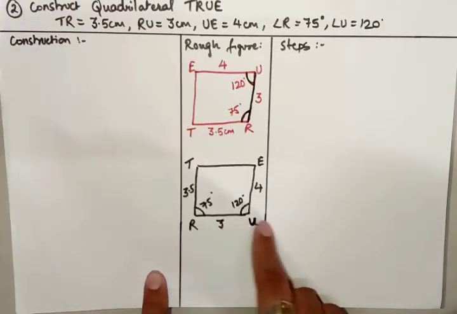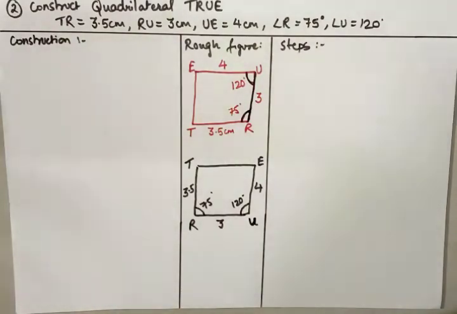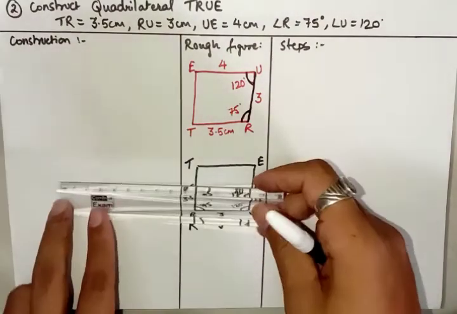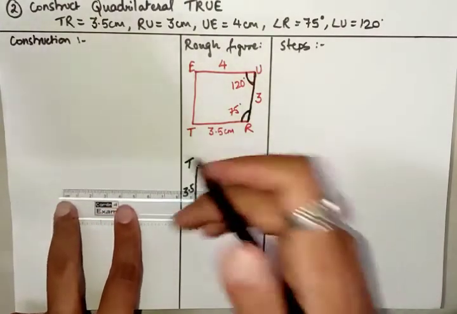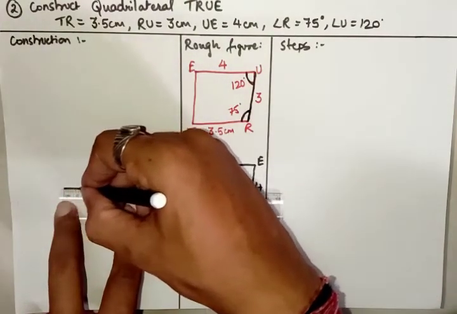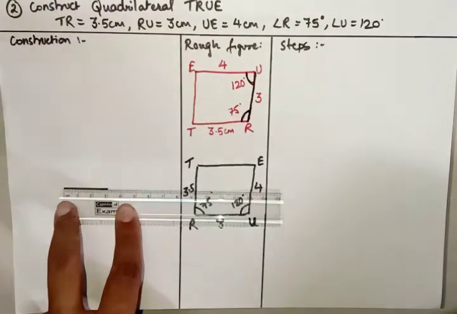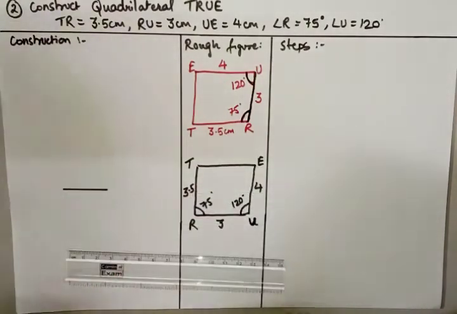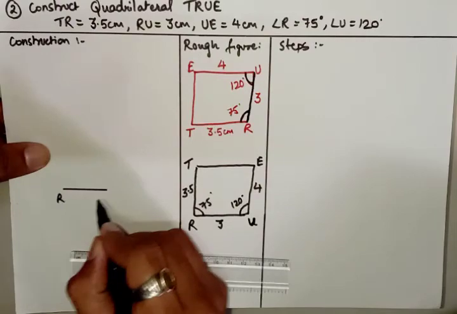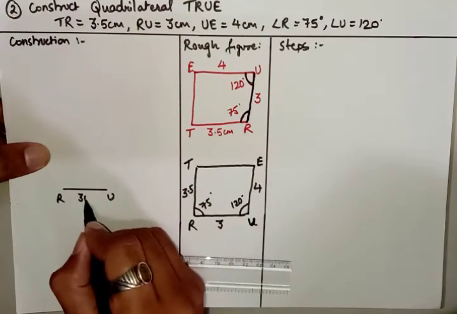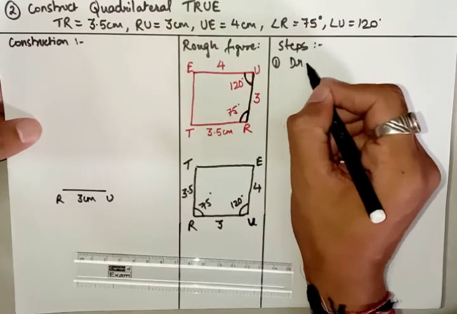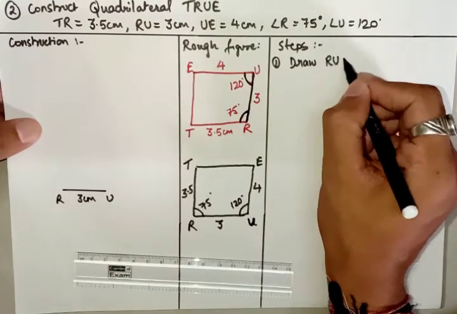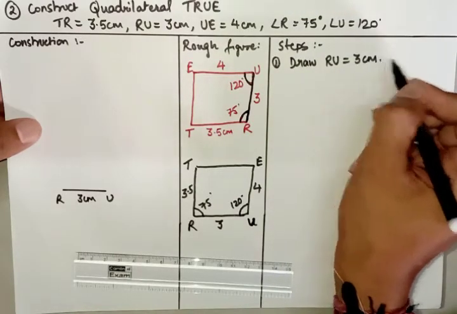First we will draw a line RU, that is of measurement 3 centimeter. So it will be quite a small line, right? So RU is of 3 centimeter. So first step is draw RU of 3 centimeter.